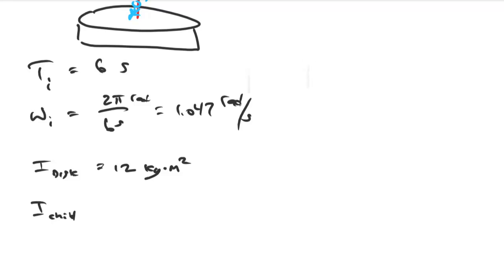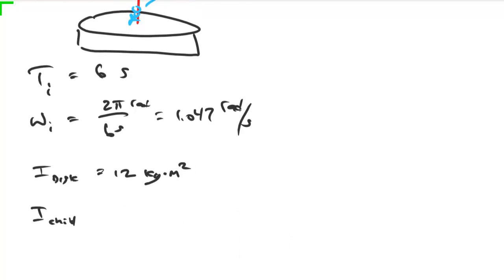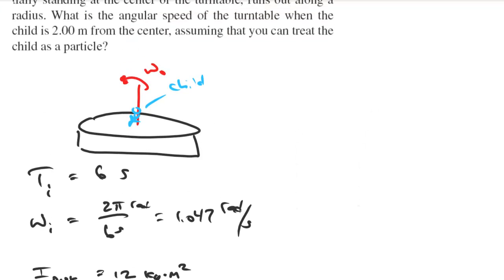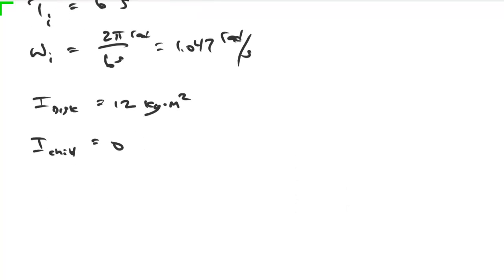The rotational inertia of the child about that same axis, the axis the turntable is rotating around, would be 0 because it's right there on the axis, right? And the child is a point mass here, so all the mass is right there at that point. And so then our initial rotational inertia would just be the rotational inertia of the disk, which is, this is not 12 kilogram meters squared, it is 1200 kilogram meters squared, and this is 1200 kilogram meters squared as well.